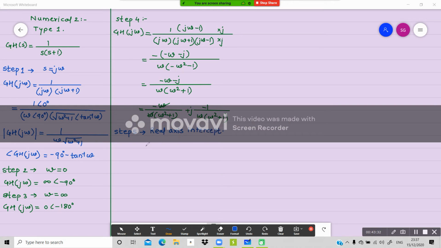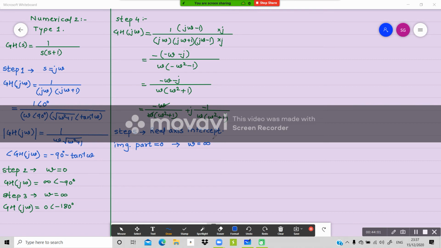Now this real axis intercept, when you are trying to get, that means you are equating imaginary part to 0. When you are going to equate imaginary part equal to 0, 101%, you are going to get omega is equal to infinity, because of the denominator, correct?